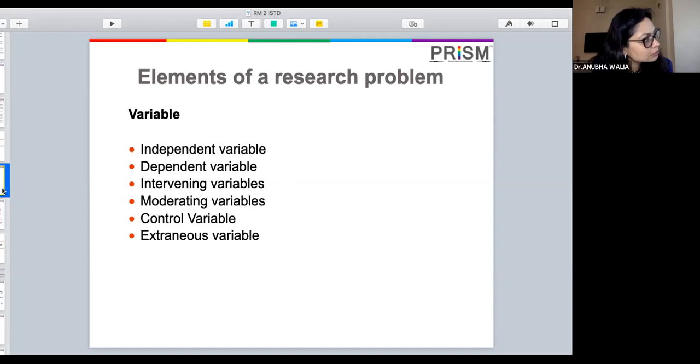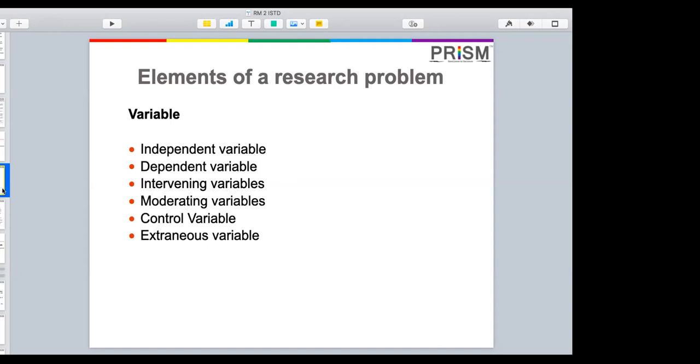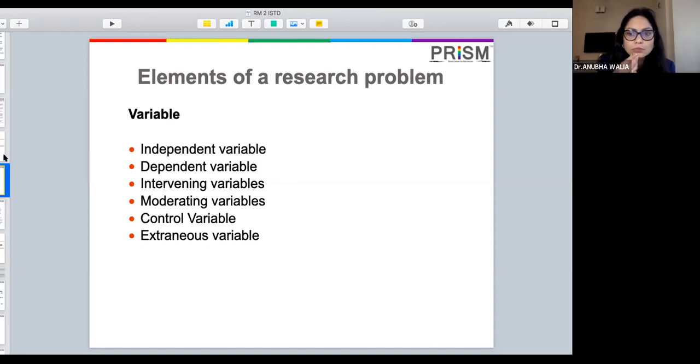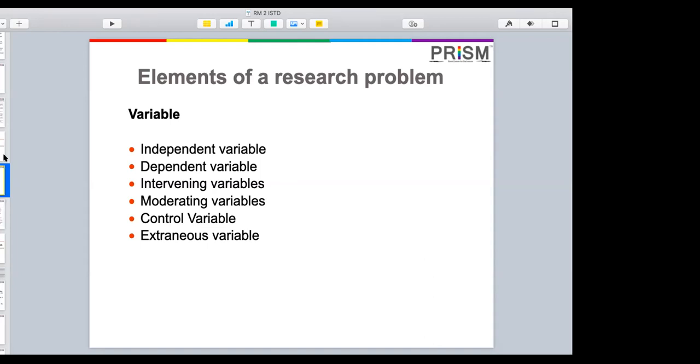And the second research problem could be how the grievances of the employees are being handled during the day and at night, considering it's a KPO and it works 24/7.